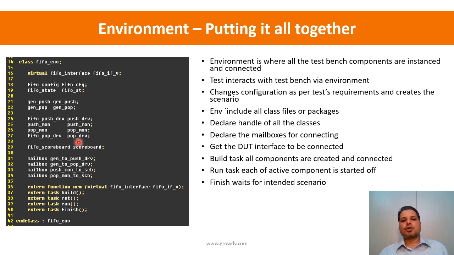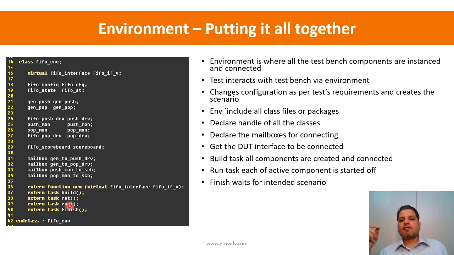So we will call the new and we will do the build, and in the run, what we will do is we will launch the run thread of each of the active components, right? For all the active components, as you have already seen, they contain a run task in which, in the forever loop, they were calling their main, and in the main they did whatever their primary functionality was, right?